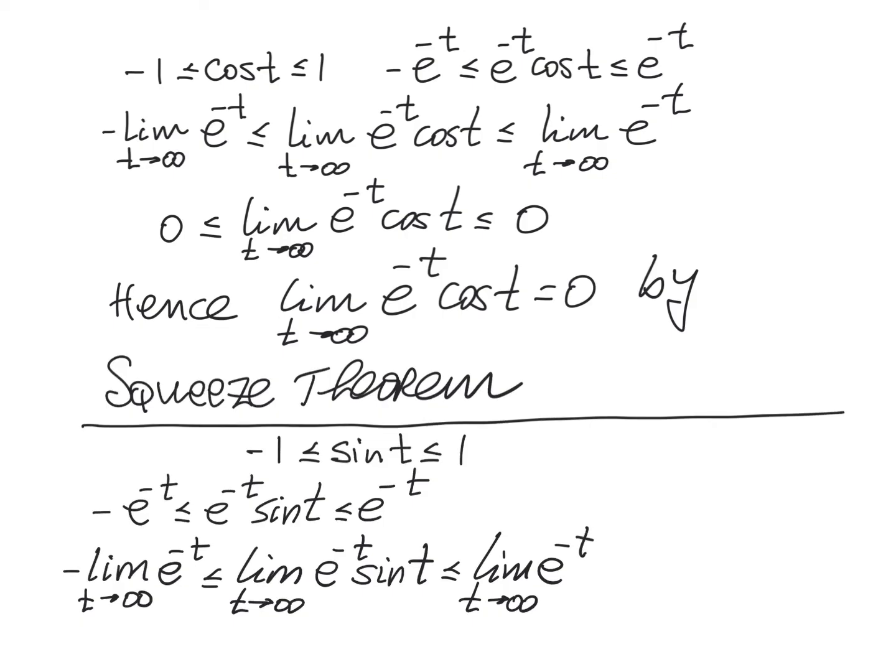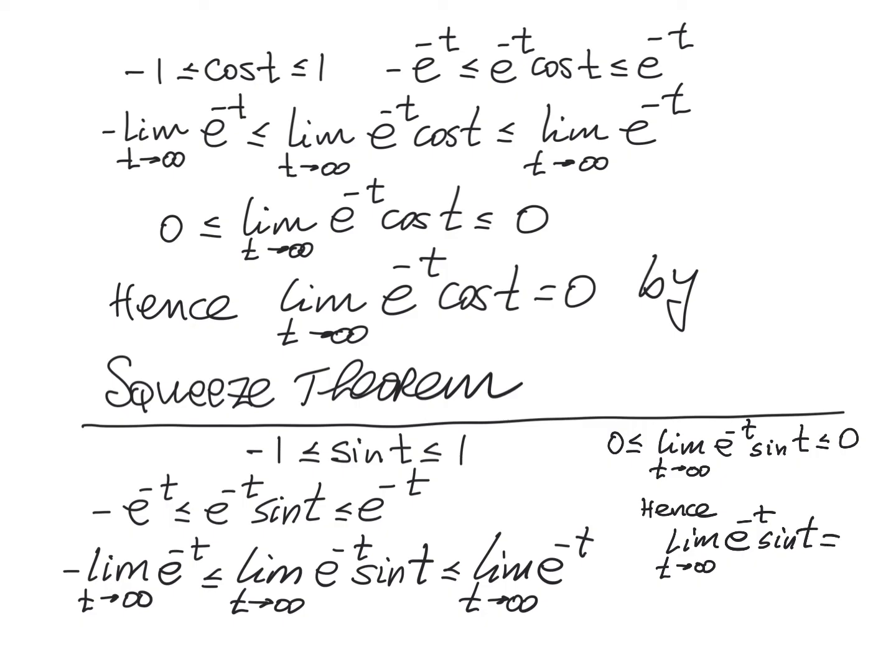And we have 0 less than or equal to the limit as t approaches infinity of e to the negative t sine t, and that's less than or equal to 0. And that means that the limit as t approaches infinity of e to the negative t sine t must be 0 by the squeeze theorem.